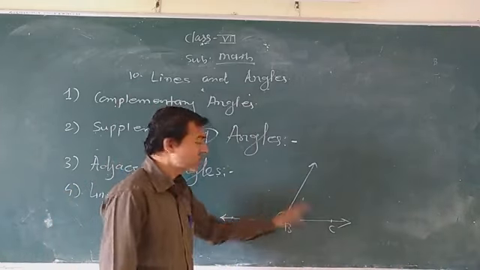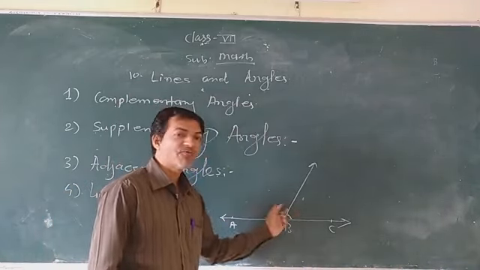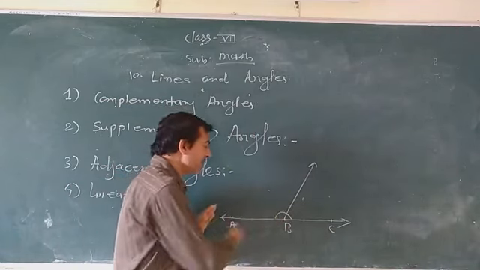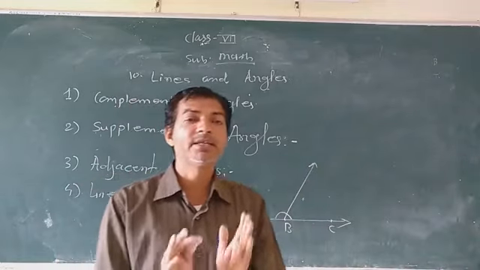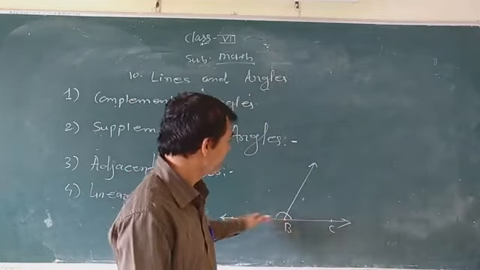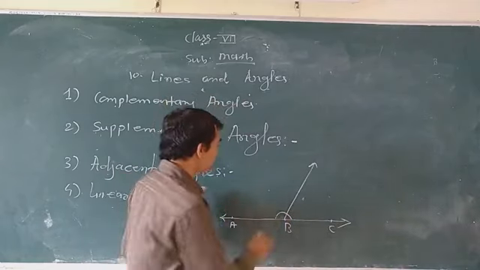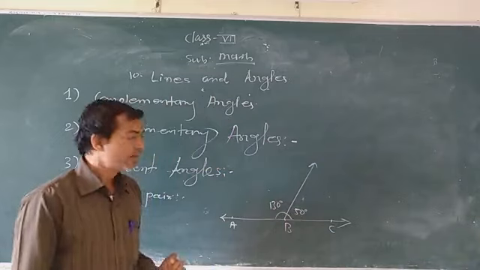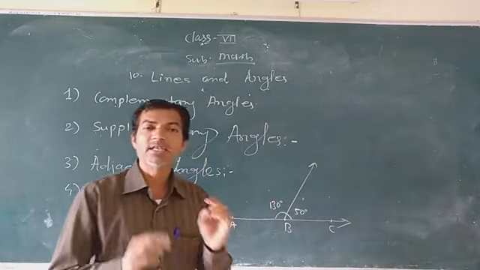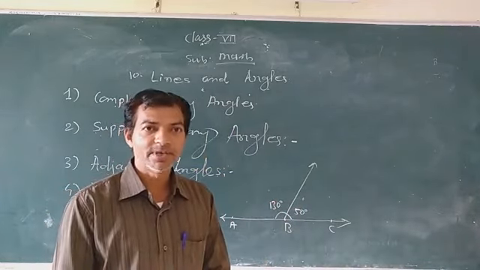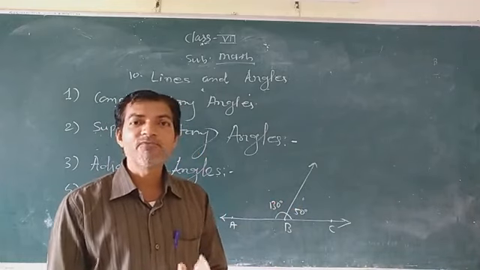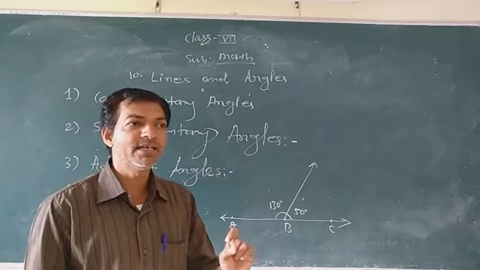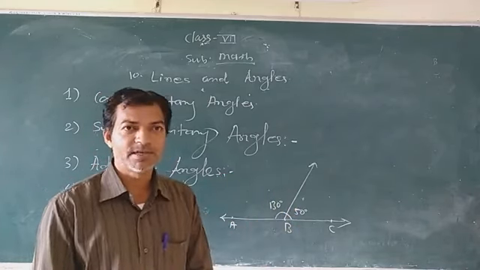But suppose the angles are linear pair, means they are supplementary. लीनियर पेयर फॉर्म करना यानी दो एंगल की सम 180 डिग्री. समझिए ये अगर 130 डिग्री का है तो ये 50 डिग्री का होता है. तो ऐसे दो एंगल को कहा जाता है कि ये टू एंगल्स आर लीनियर पेयर, मतलब उन दोनों की सम 180 डिग्री है. सम ऑफ टू एंगल इज 180 डिग्री मींस दैट एंगल फॉर्म अ लीनियर पेयर.